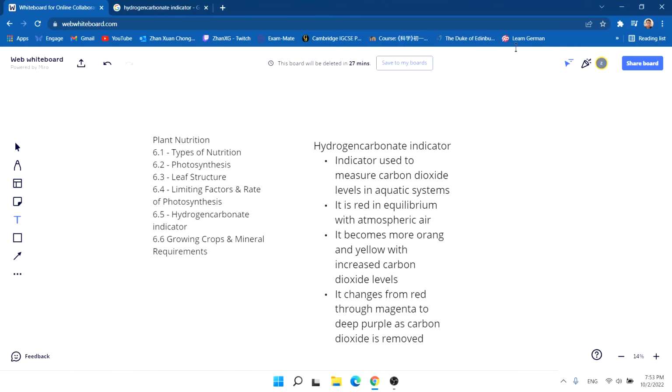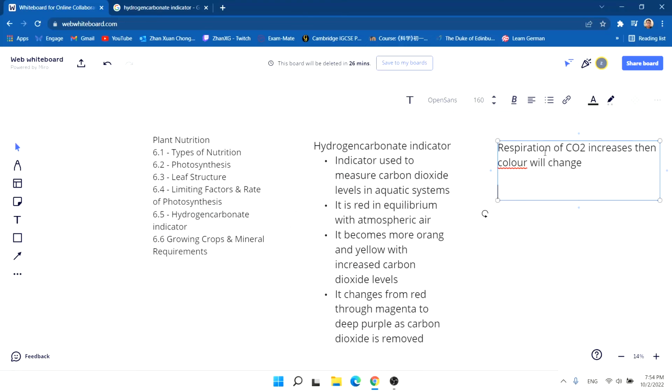If respiration of CO2 increases, then the color will change. If respiration is higher, it becomes yellow. If respiration equals photosynthesis, then it will be orange.